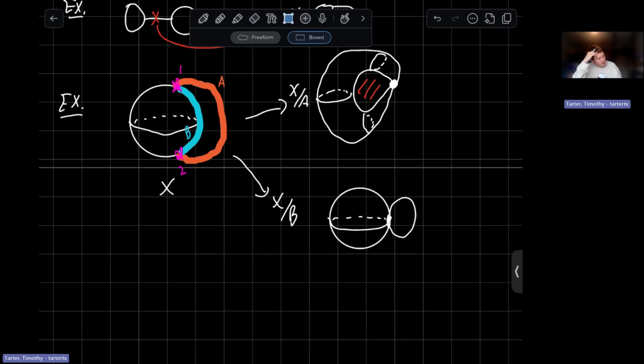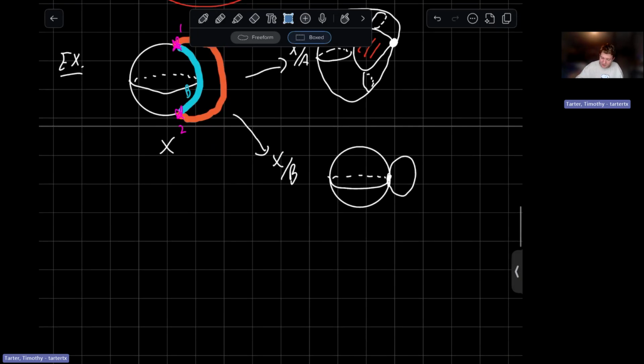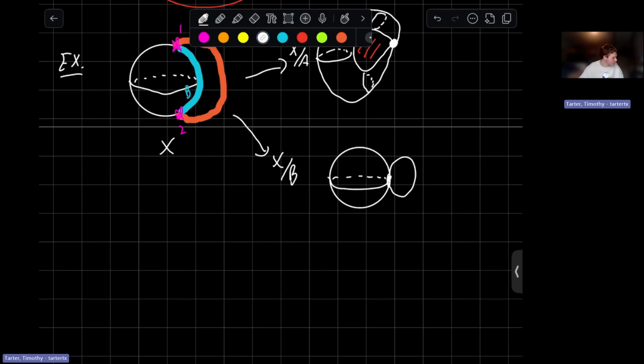So the 9th example, which is this 3rd example, is if we let X be the union of a torus with n meridional disks.